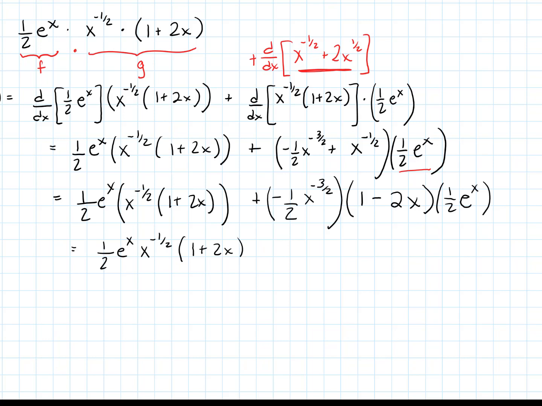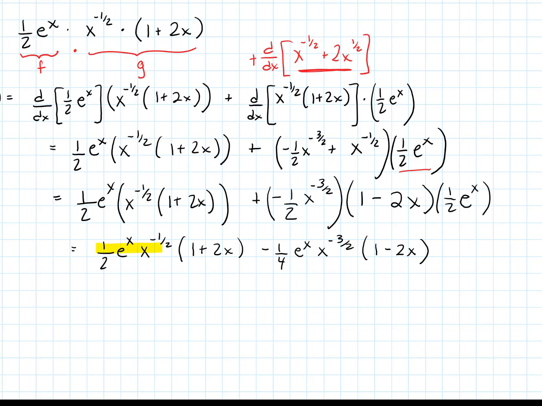So I'm thinking that we'll do that right after we get this simplified. The second term here, I see a -1/2 and a +1/2. Let's make that -1/4. Pull the e to the x to the front, x to the -3/2, and 1 minus 2x right there.